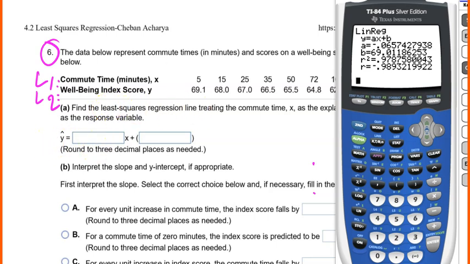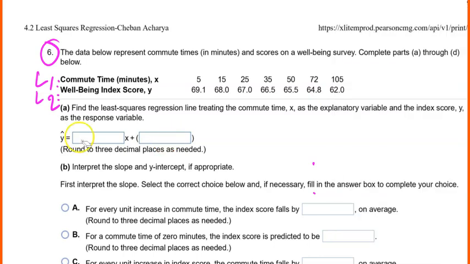The y-intercept is 69.012, rounded to 3 decimal places. So the slope is negative 0.066 and the y-intercept is 69.012.